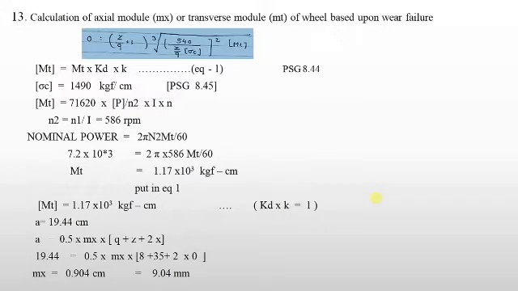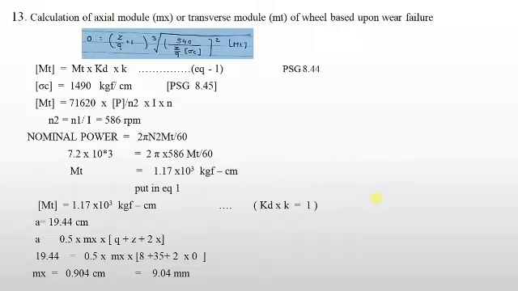Now power is 7.2 kilowatt, 2 pi into 586 rpm into rated torque upon 60. From this formula we got rated torque is 117.32 Newton meter. Convert into kgf centimeter, which is 1.17 into 10 raised to 3.